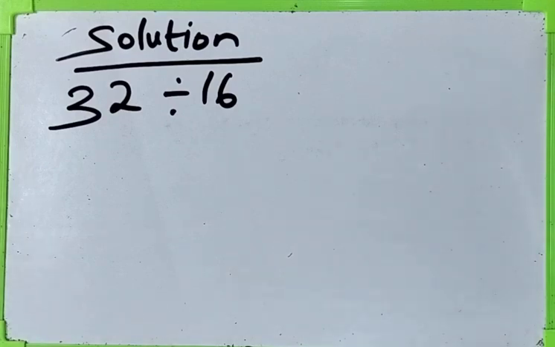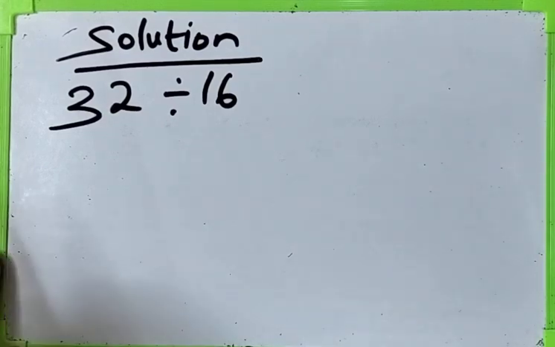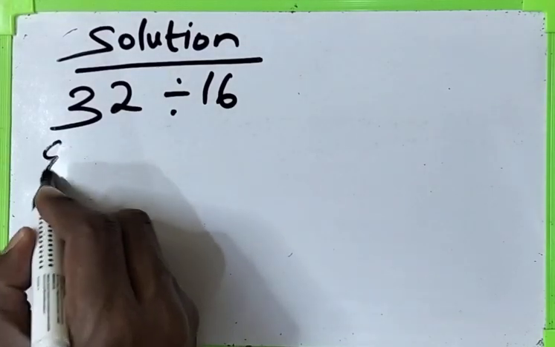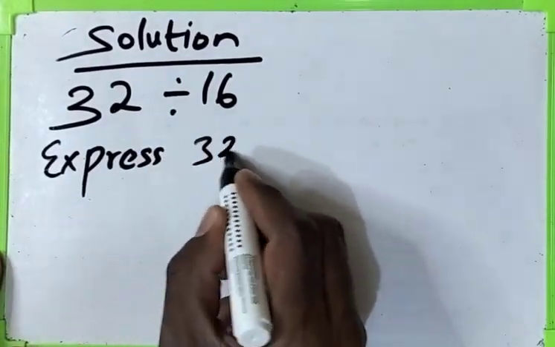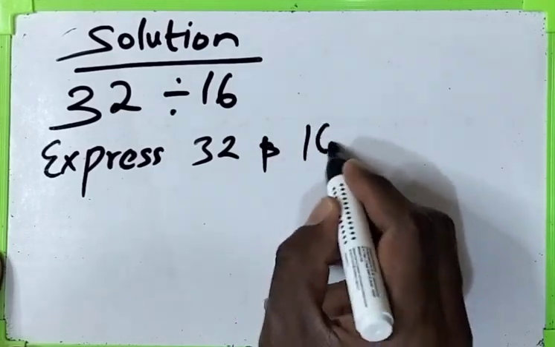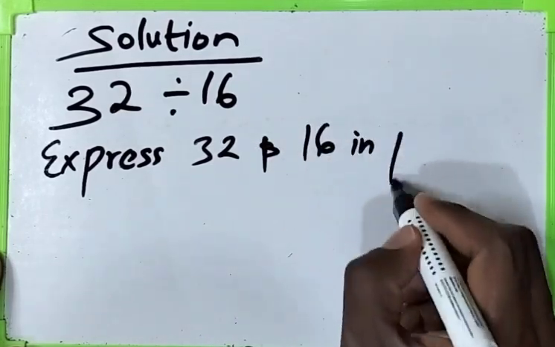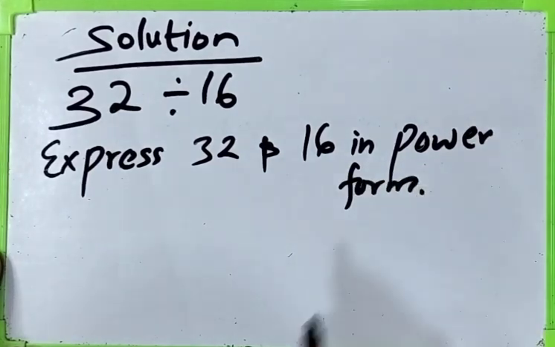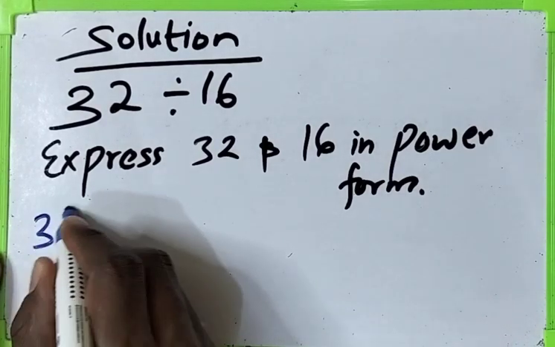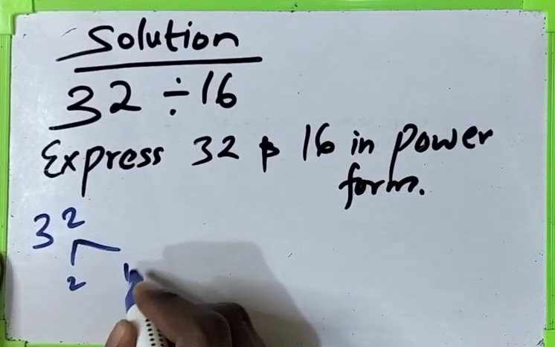Solution. Express 32 and 16 in power form. So we begin with 32. 32 divided by 2 is 16.